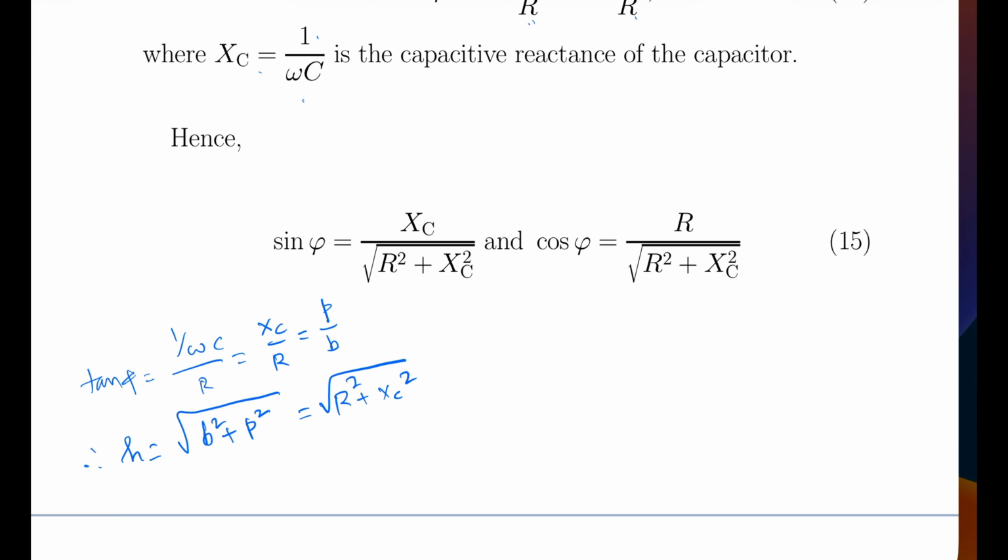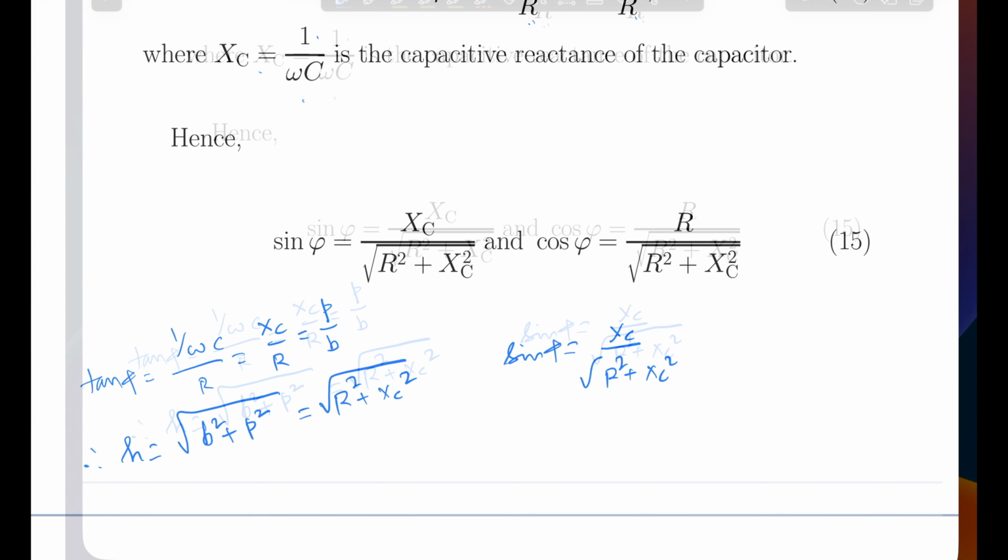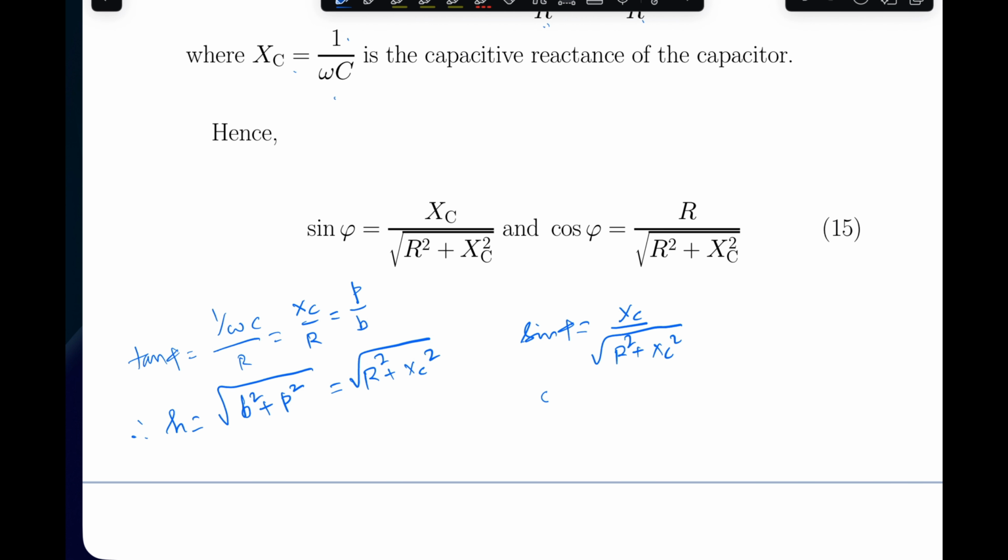So from here you can find the value of sin phi. Sin phi is p by h, so this is XC upon root over R square plus XC square, and cos phi is equal to R upon square root of R square plus XC square.